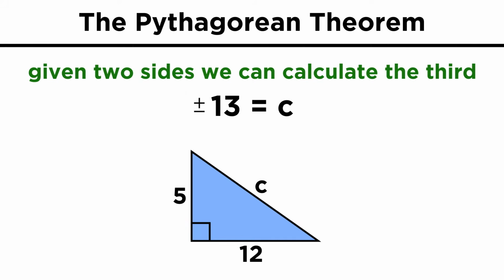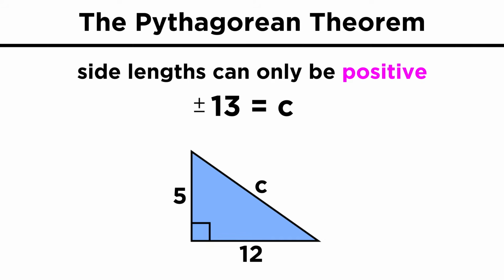This gives us plus or minus 13 for c. Since this is not algebra but rather geometry and we are looking at shapes, we can throw away the negative value because it doesn't make sense for a side length to be negative. So we can definitively say that this hypotenuse has a length of 13.